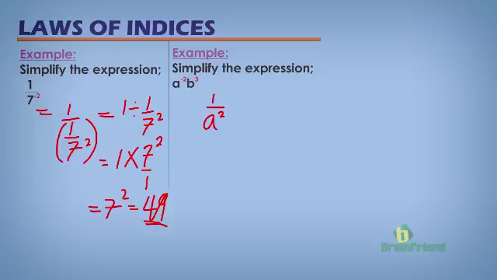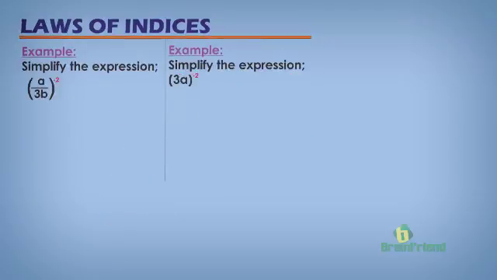So we'll have 1 all over a raised to power 2 multiplied by b raised to power 3. Our b raised to power 3 remains itself because there is no negative annotation attached to it. So we'll simply leave our answer like this: b raised to power 3 over a raised to power 2.